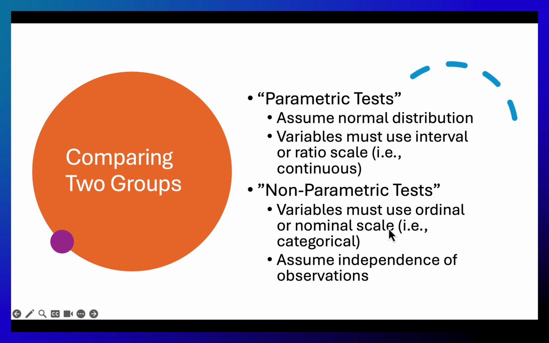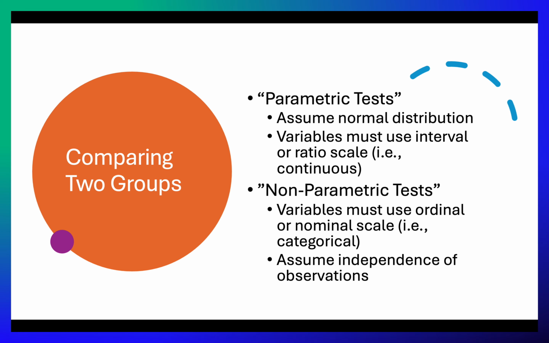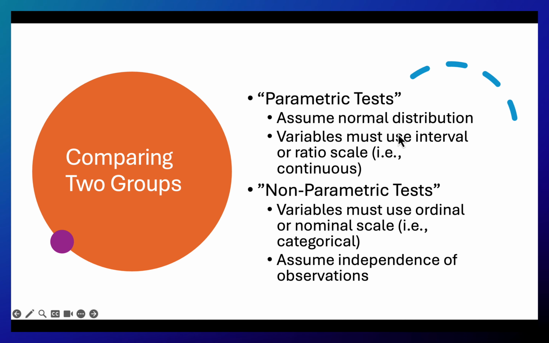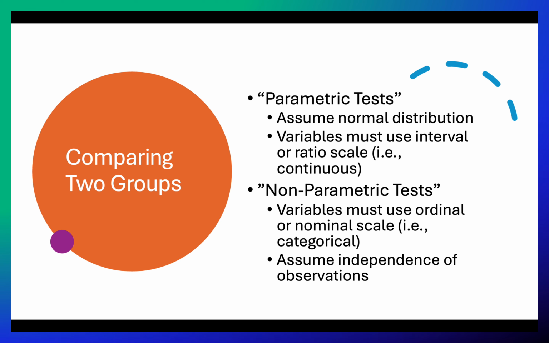In contrast, non-parametric tests, which I'll cover in a different presentation, but I'll give you some examples of those on the next slide, are what we call distribution-free tests. So they do not require this assumption of normality, nor do they require another assumption called homogeneity of variance, which we'll get into a little bit later.